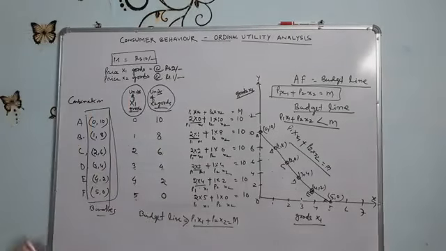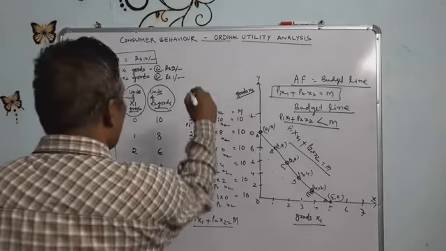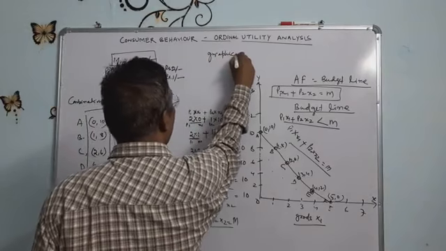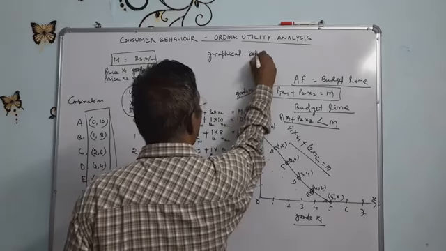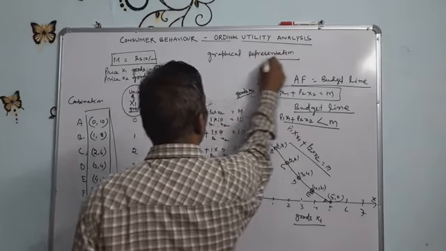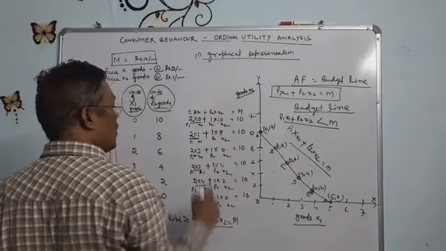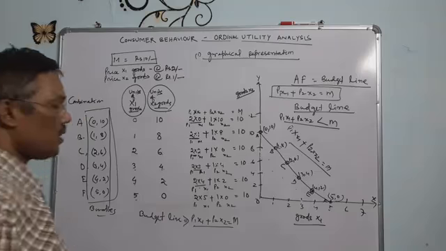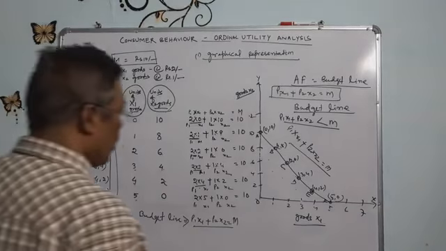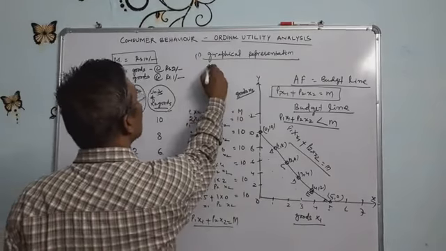Again I repeat, budget line is a graphical representation which shows all the possible combinations of two goods.